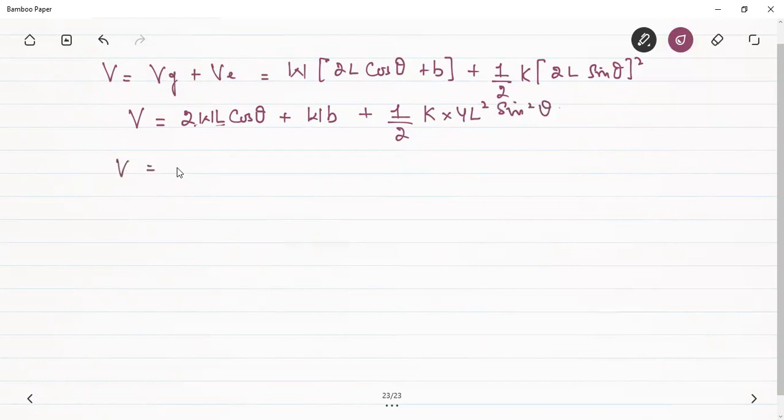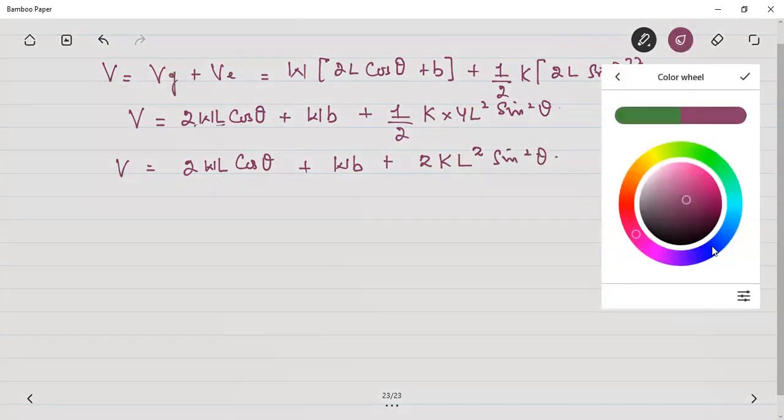So this can be written as 2WL cos theta plus WB plus 2KL square sine square theta.